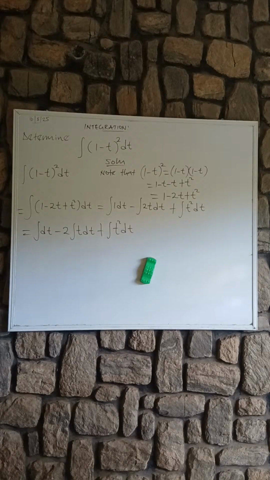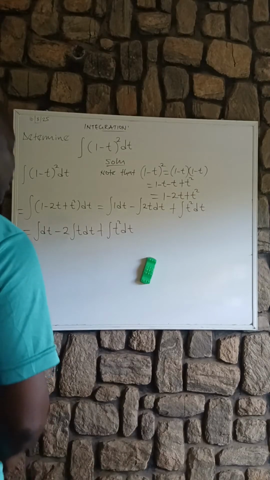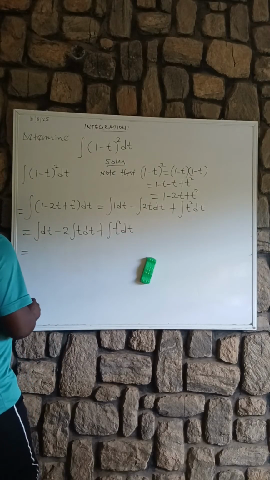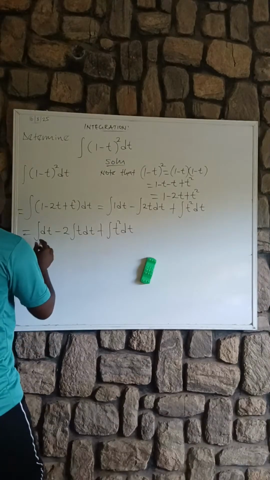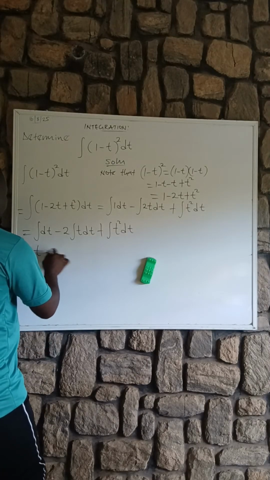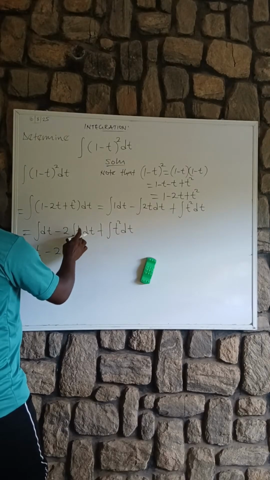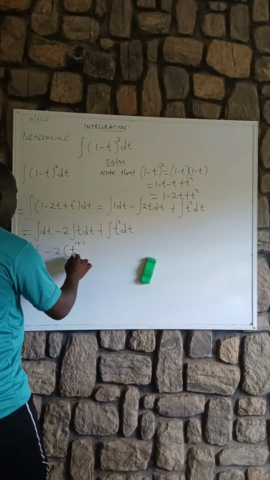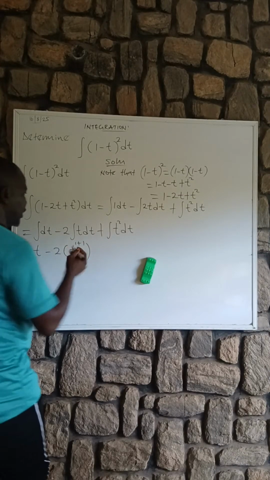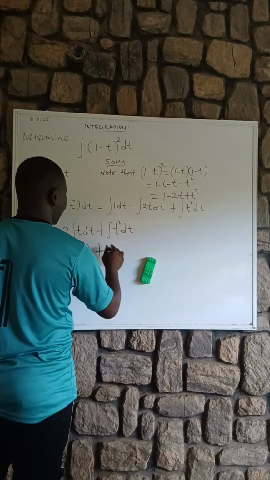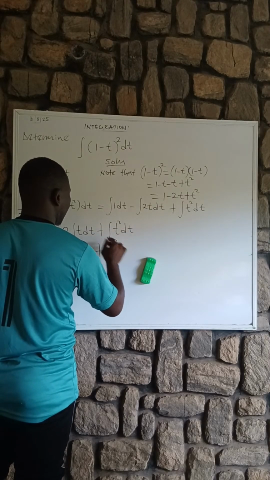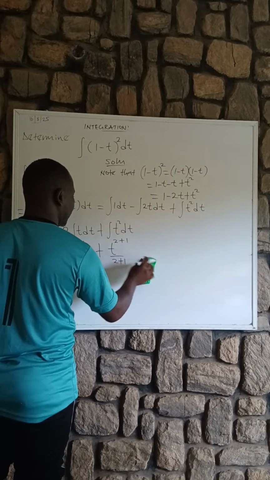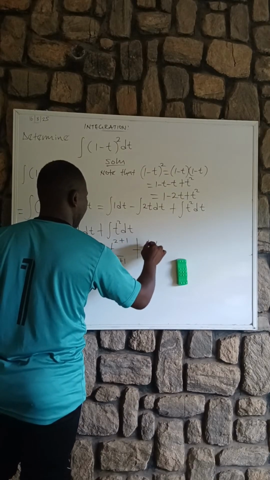Okay. So if you agree with me, let us finish this problem. If we integrate the 1, what are you supposed to have? We are going to have t, then minus 2, open bracket, integrate t, here will be t raised to the power of 1 plus 1, all over 1 plus 1, true or false, according to the formula, then plus integrate t raised to the power 2, t raised to the power of 2 plus 1, all over 2 plus 1, then plus any constant.